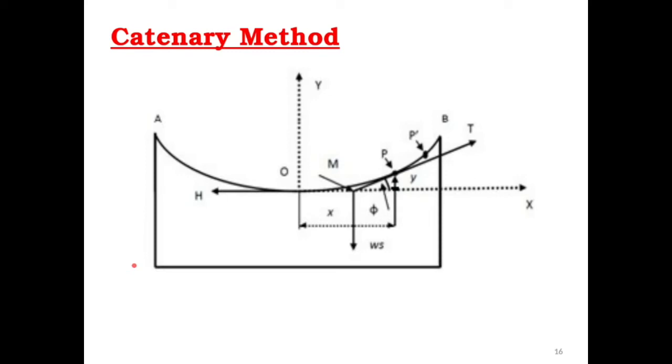Then we see that the sag can be expressed as delta is equal to WL squared over 8H, and W considers all the loading on the conductor starting from conductor weight, ice cover, and wind loading. But we need to remember that we consider that the span for the parabolic method is limited up to a distance of 300 meters.